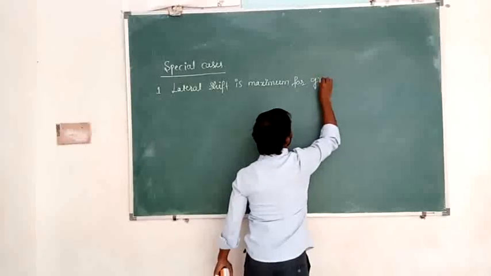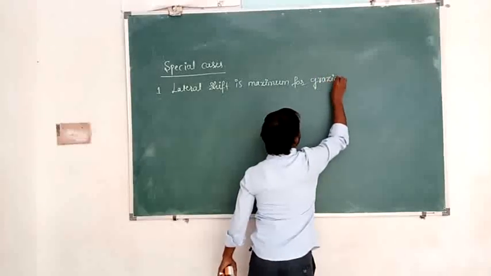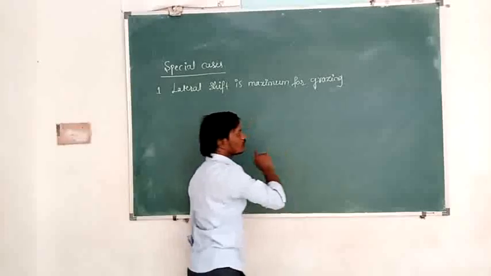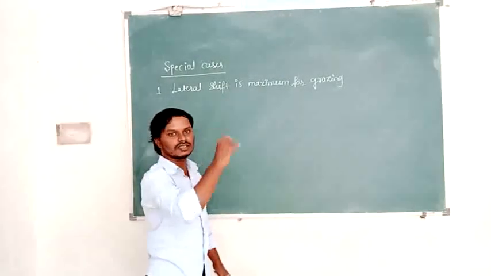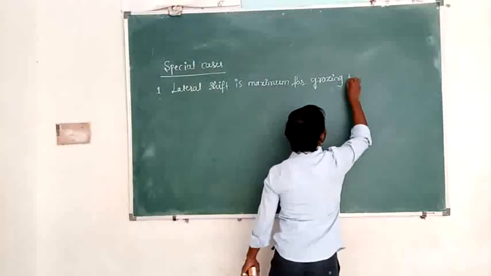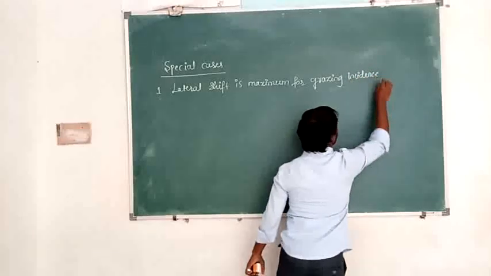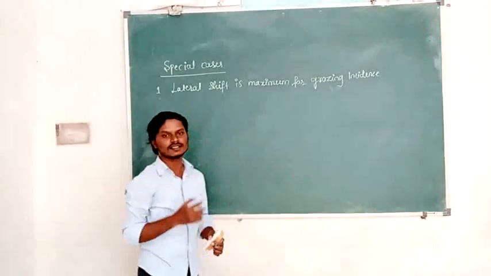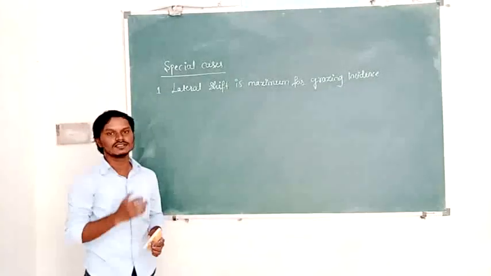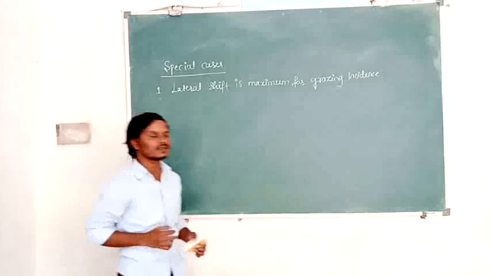What do you mean by grazing incidence here? The incident ray is perpendicular to the normal.